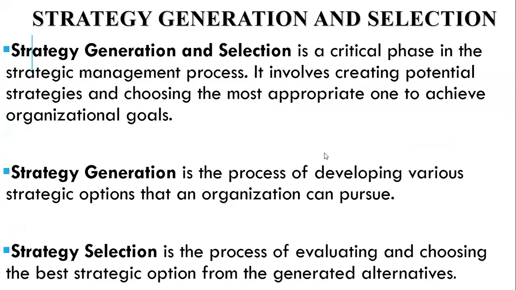So the degree to which we create awareness about the various strategic options that are available to an organization for them to also consider which one to select in order of their priority or in order of their possible contribution to organizational success, then we are dealing with strategy generation.